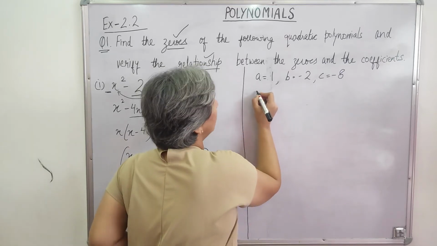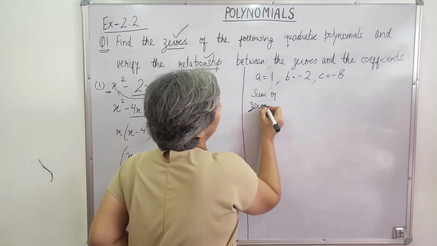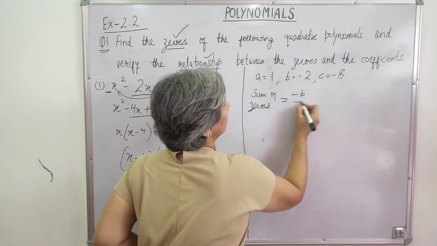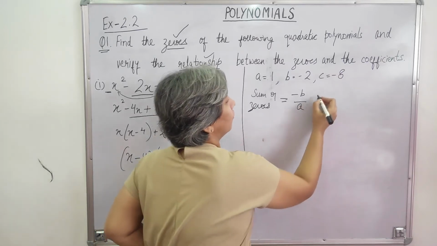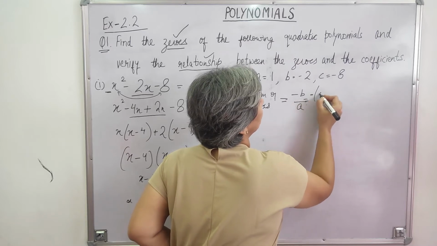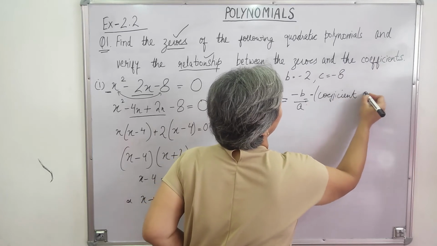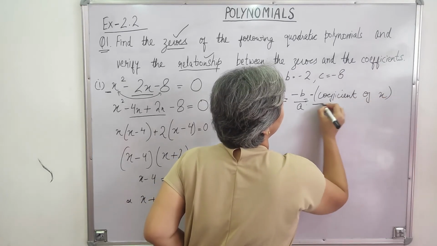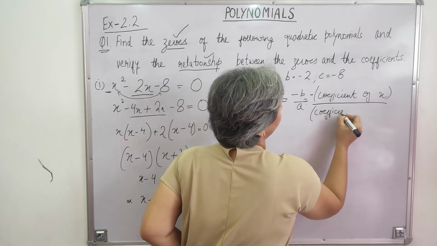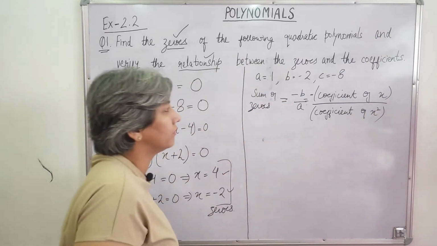We know sum of zeros is minus b by a, where minus b is the negative of the coefficient of x, and a is the coefficient of x square, right?